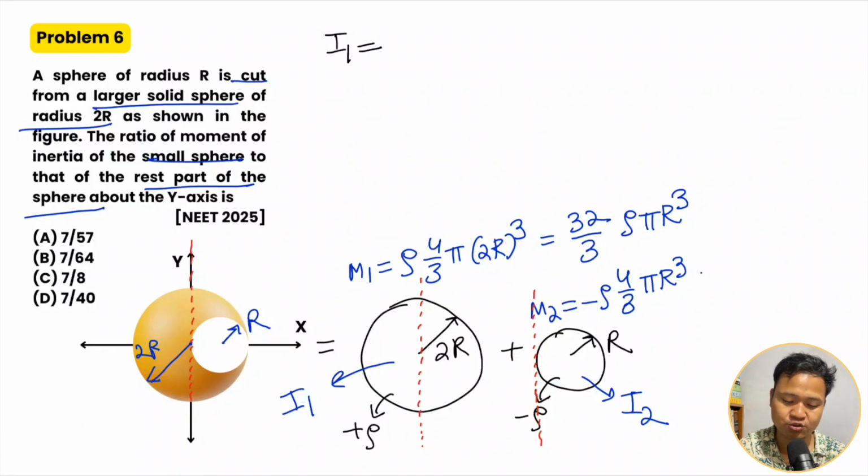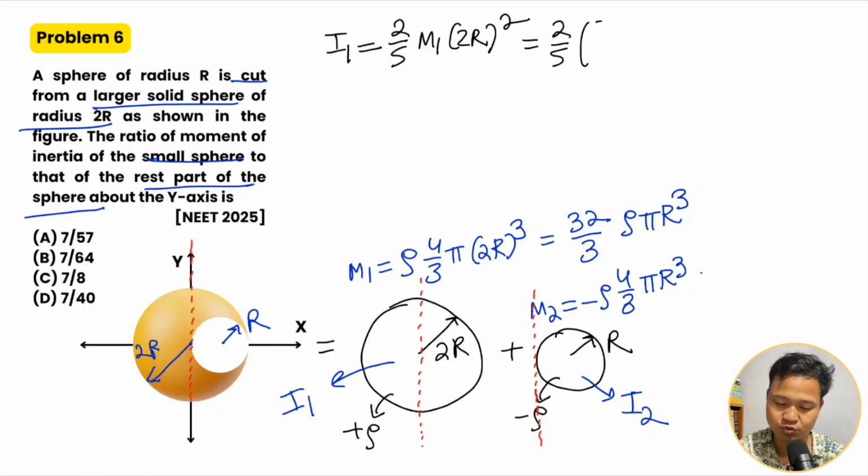The moment of inertia of a solid sphere about its center of mass is 2 by 5 m r square. So 2 by 5 into M1 into 2r the whole square, with M1 being 32 by 3 rho pi r cube.